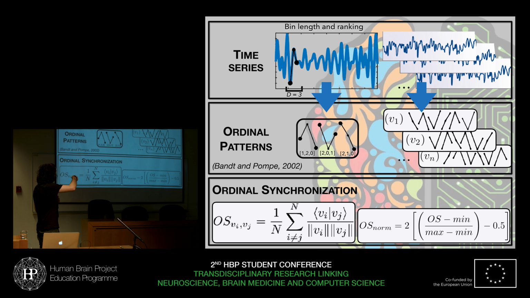So as you can see here, in the time series, we could extract a vector of dimension 3 here and rank the values inside. This would be 0 to 1, because we're ranking the values inside, and then just computing the dot product, which is a kind of measure of the similarity between the vectors.